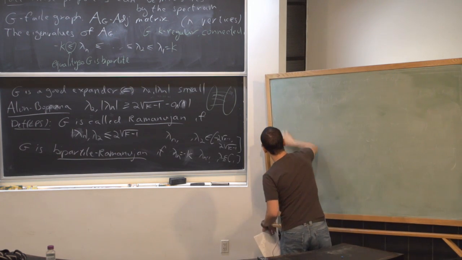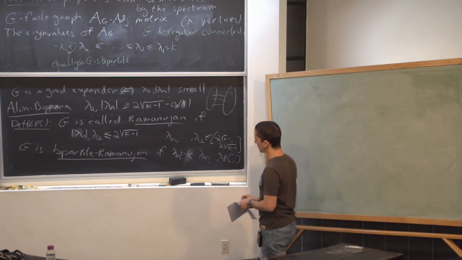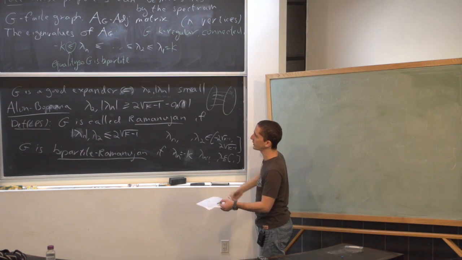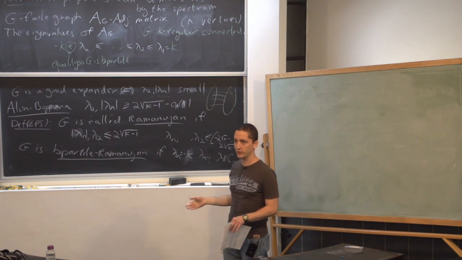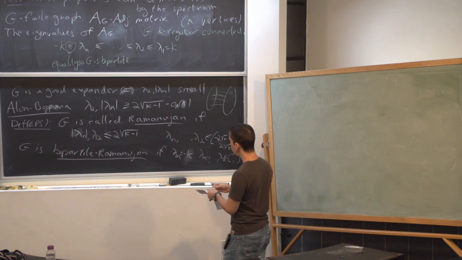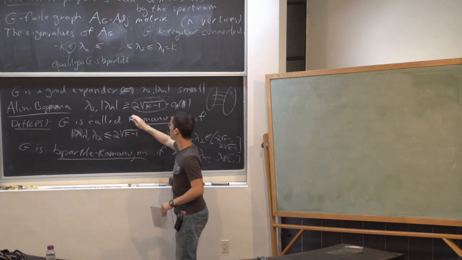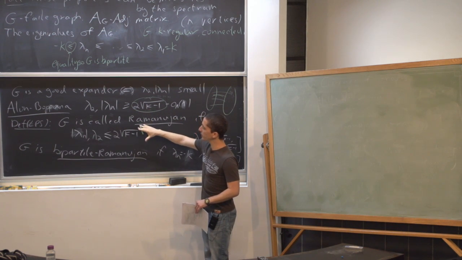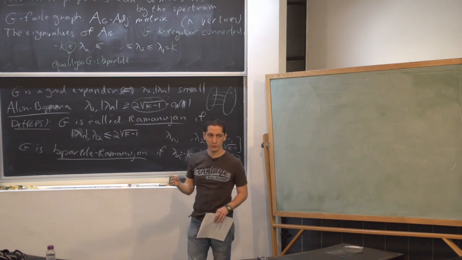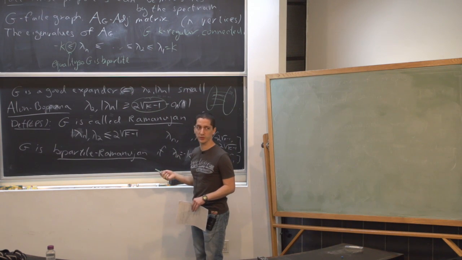Before I move on, I don't want to spend time explaining exactly what happens for the non-regular case, but everything I'm going to say works for irregular graphs as well. Just one note: where does this number, 2 square root of k minus 1, come from? All k-regular graphs have the same universal covering tree, which is a k-regular tree, and this number is simply the spectral radius of this tree.